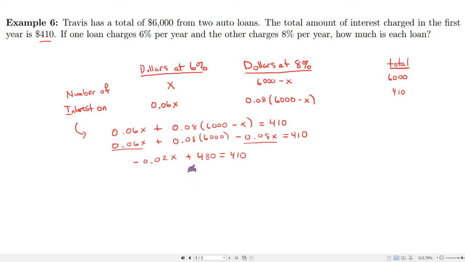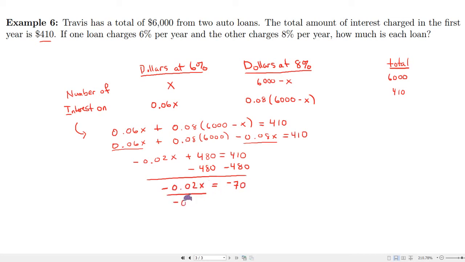And now let's subtract the 480 over. So we're left with negative 0.02x equals negative 70. And that's good, right? Because we want a positive x, so we have negative over negative.